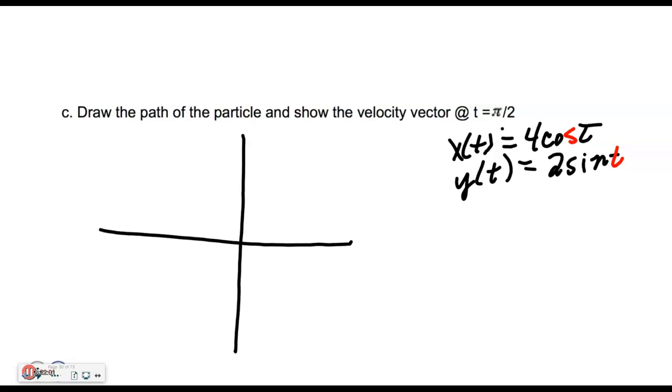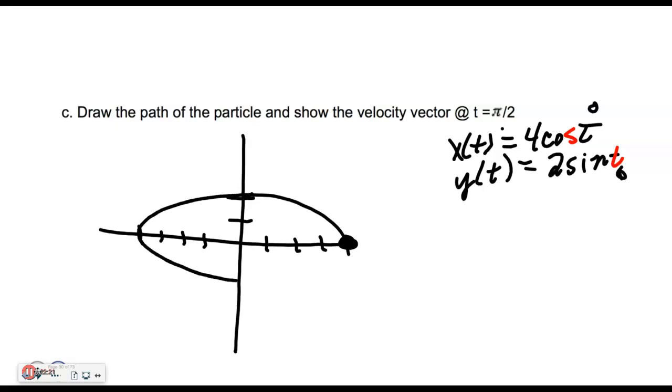All right, so if we were to make our table and plot all our points, this at time 0 would be at (4, 0). So if we graph this on our graphing calculators in parametric mode, it's going to start here. We kind of already know it's going to get pulled up to here. We just graphed one, so I think we're kind of good. Then we put the arrows on it.